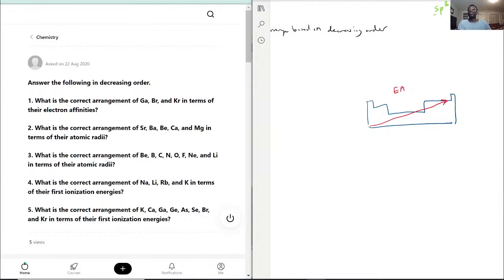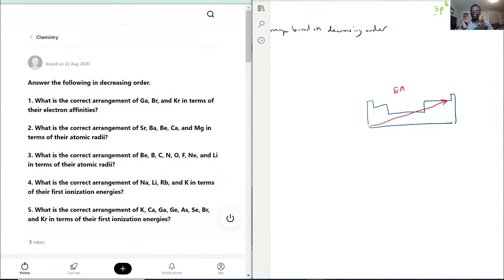Why? Because as you go more up and more to the right, these elements have an increasing amount of protons, which makes it have a stronger pull of its electrons.